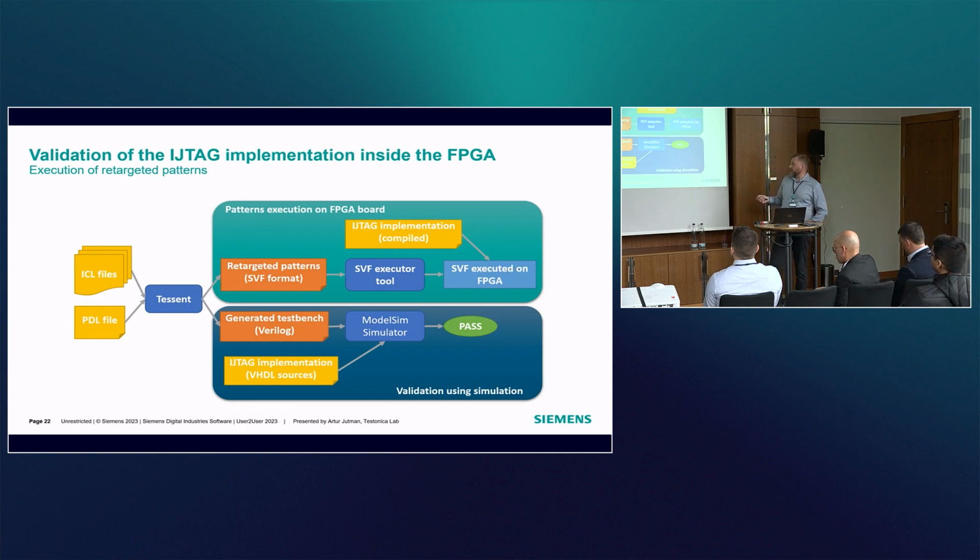On the simulation side, Tessent again will generate a test bench, and the same IJTAG implementation would be used as an input to the ModelSim simulator, and we also expect a pass result.